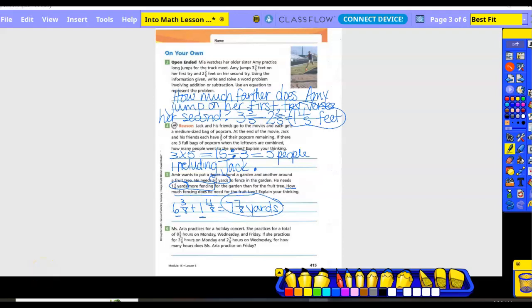Okay, so for the total, it was 8 6/8 hours, right? Monday she practiced for 3 2/8. Wednesday she practiced for 2 7/8. So they want to know how long she practiced on Friday. So what is going to be my first step? This is multi-step, right? What's my first step?